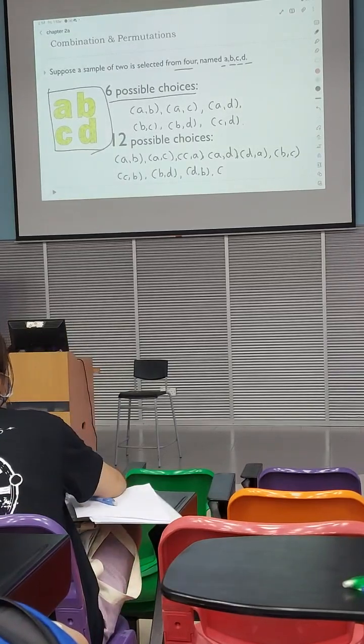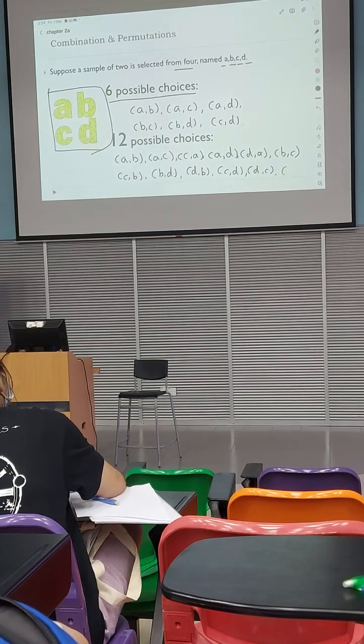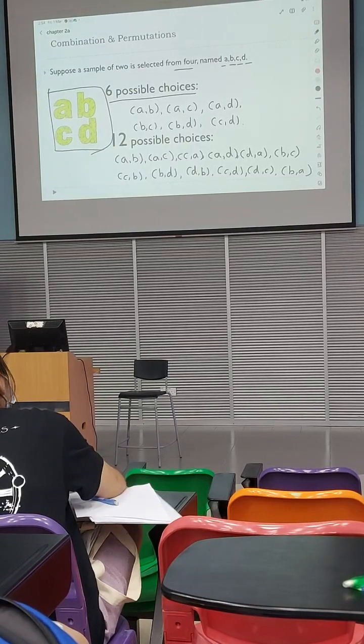Then we have C, D, D, C, and then B, A. So we have altogether 12 of it. In this case, we consider the order. It must be first A, then the second one B. So we have taken into account the order. That is the meaning of that.